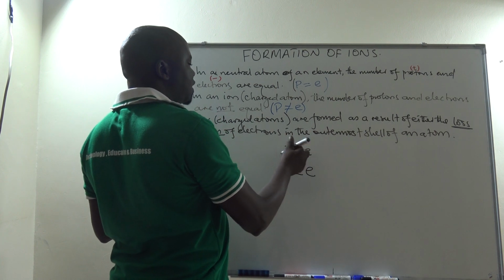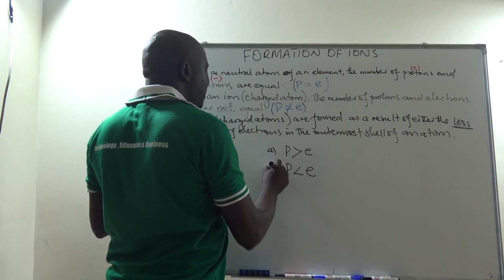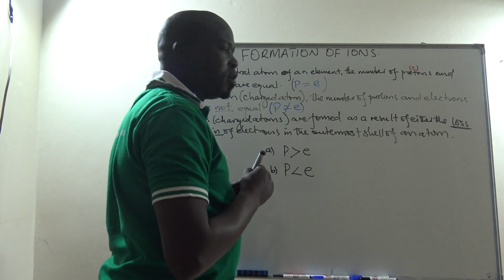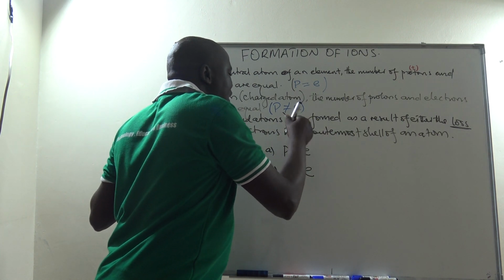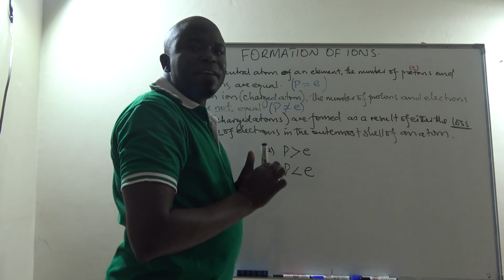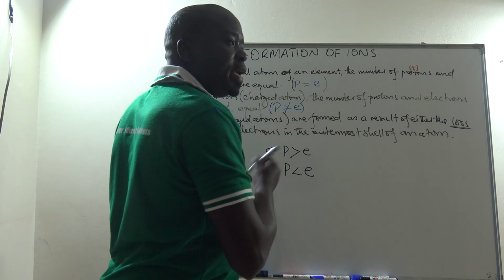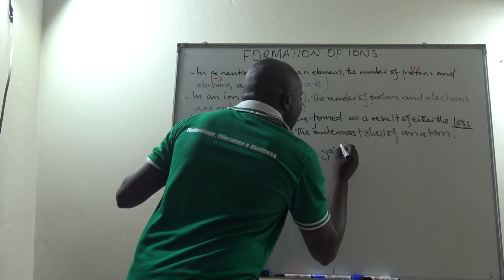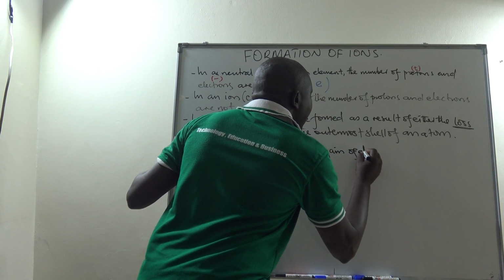Let us see what causes the first one here. In the first instance here, why protons are more than electrons is because if initially protons and electrons are equal in number, but if electrons are more than protons, it means that electrons are what? Gained. So this one is as a result of the gain of electrons.